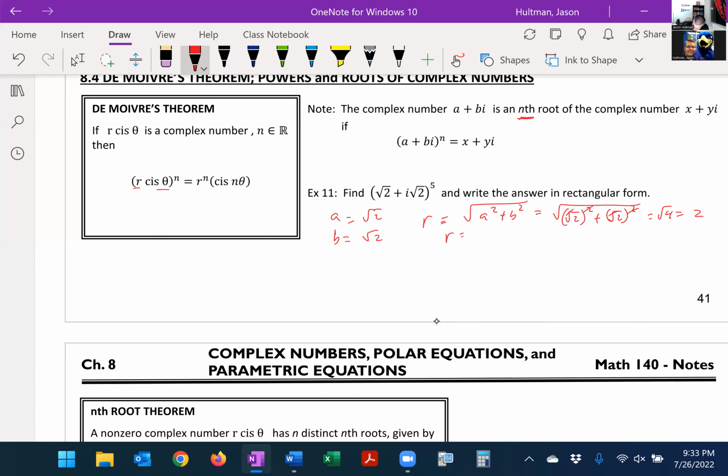Okay, so that's helpful. r is 2. What about theta? What's theta going to be equal to? Well, theta is the inverse tangent of y over x, or b over a. Okay, and in this case, this is the inverse tangent of radical 2 over radical 2, which is the inverse tangent of 1.